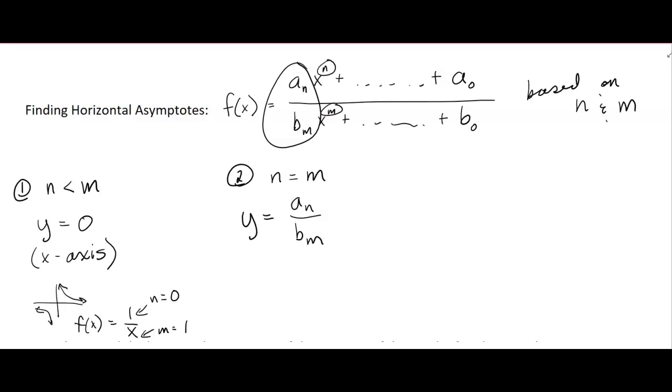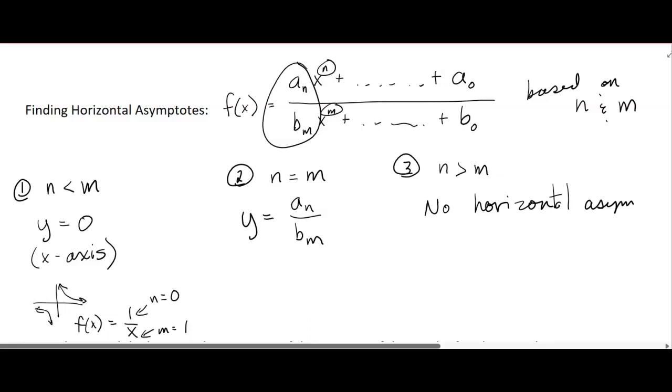Okay? And then the case, it says, well, if n is greater than m, then there's no horizontal asymptote. We do have another situation, but we'll talk about that later.